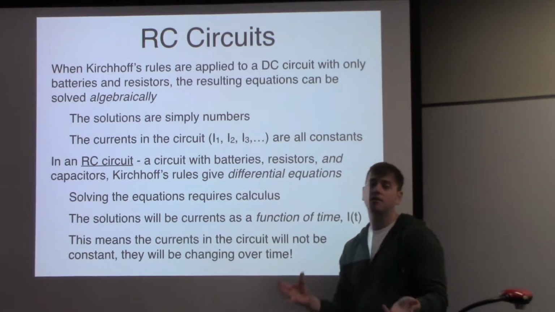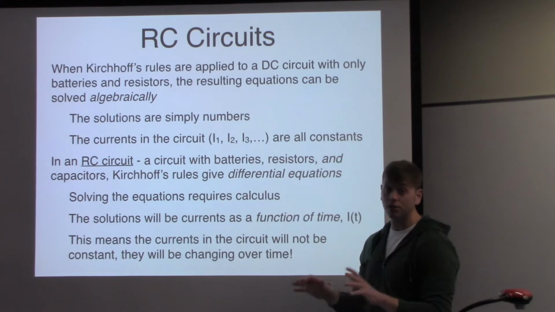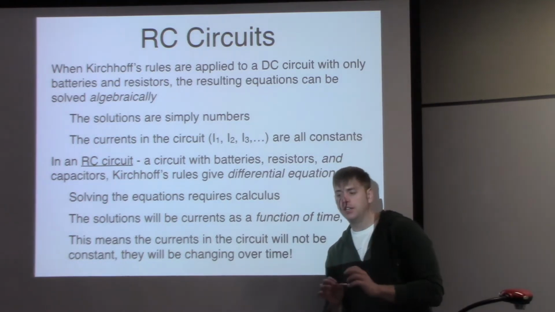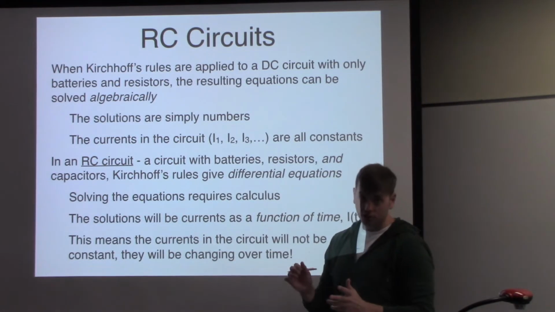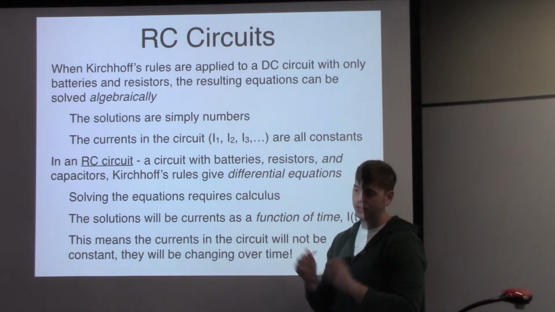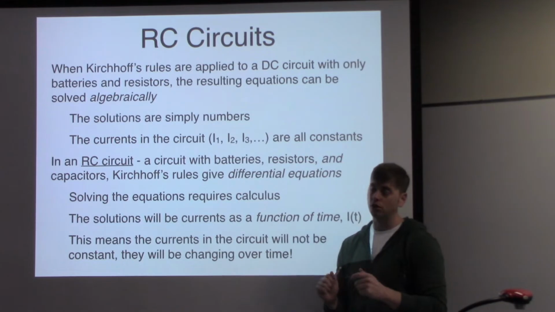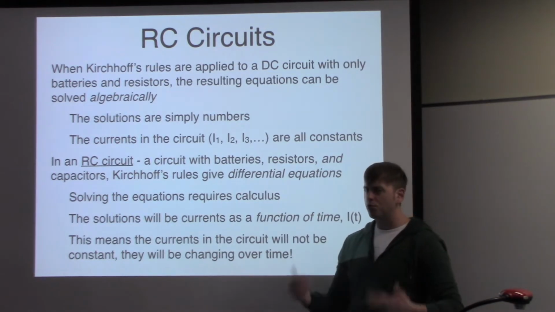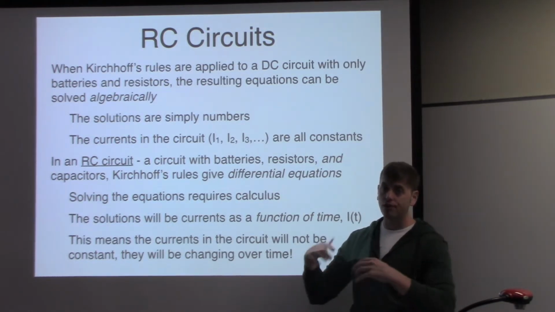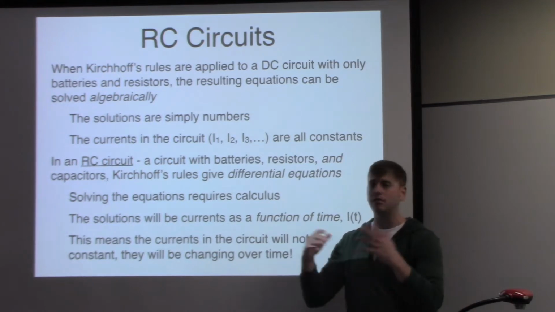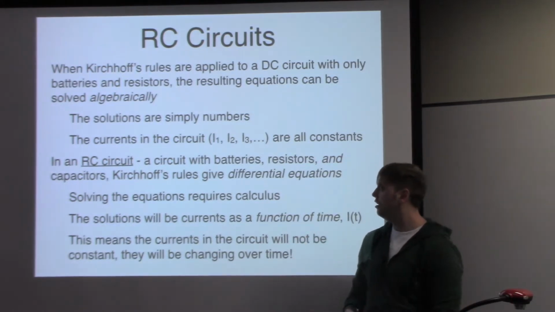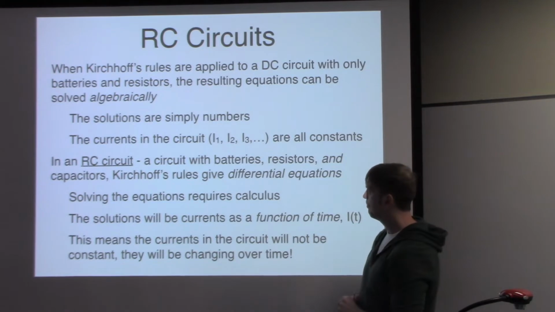Now, that can get complicated because there might be a lot of different currents to solve for, but fundamentally, we're getting equations that are what we call algebraic. Okay, so let's say I apply the loop rule or the junction rule to a circuit. I'm getting some kind of algebraic equation. All I need to do to solve the system of equations is just use algebra. And again, it can get tedious, but it's all algebra.